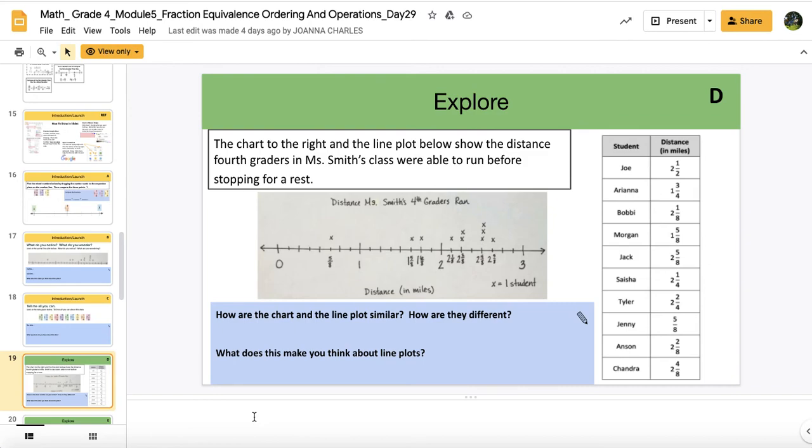Talking about how the data is much more easily read from the line plot than here in the chart, where it's more organized, and students can tell the frequency of how many students ran a certain distance. And then students will finally answer the question, what does this make you think about line plots?